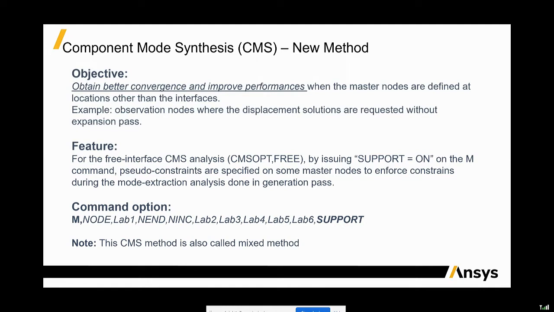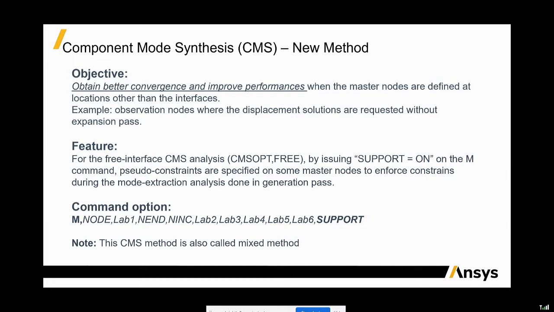So we want to create better convergence and improve performance when the master nodes are defined at locations other than the interfaces. If you imagine you've got a beam attached to two mounts on either end, and you're substructuring that beam, you want to know what the deflection is at several points along the beam. It can get kind of inefficient when you do that, so we've got a better way to do that.